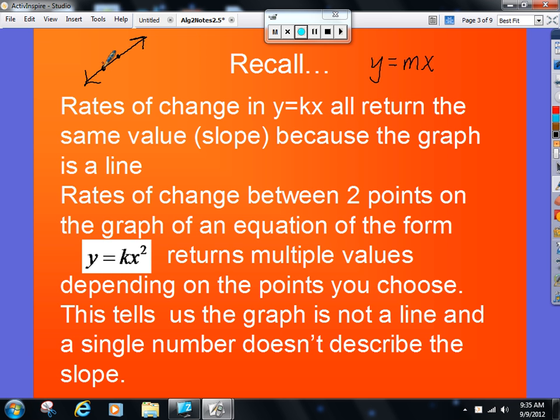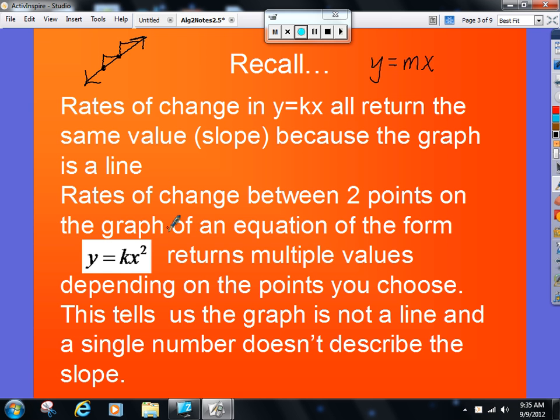It's constant. These steps will always be the same height to width ratio, okay, because that is a constant slope. The steepness of that line doesn't change because we talked about slope as the steepness of a line, and it is always the same, okay?